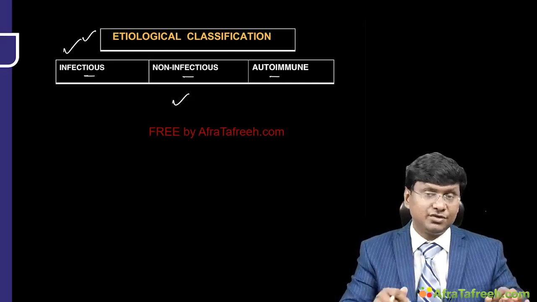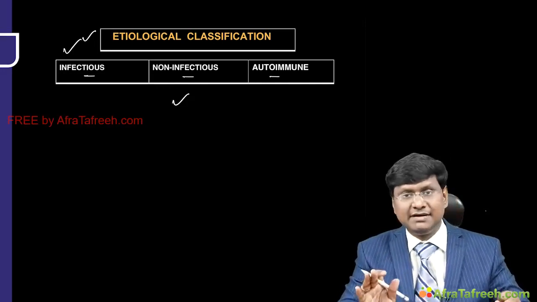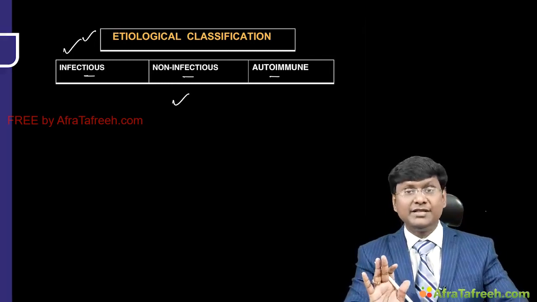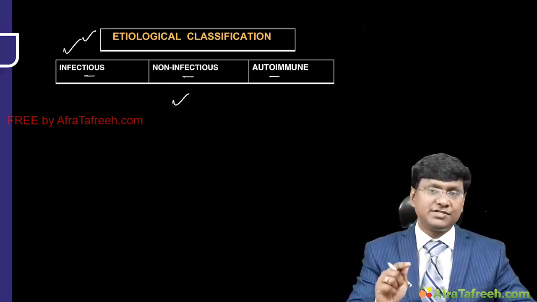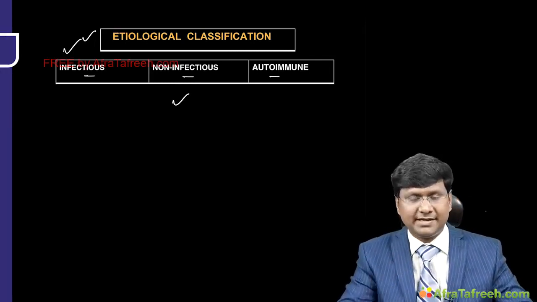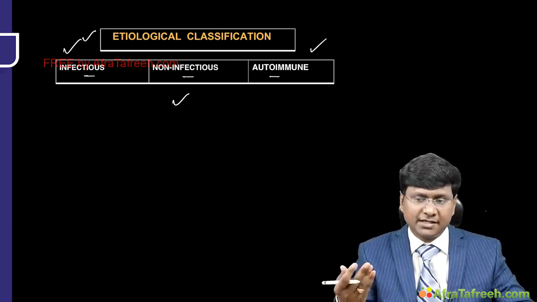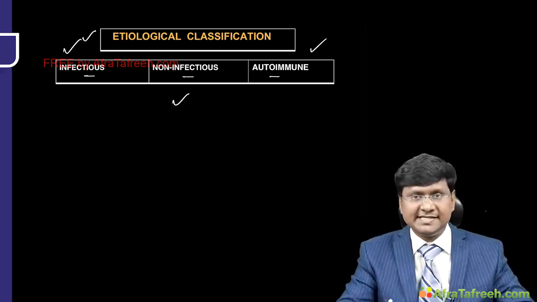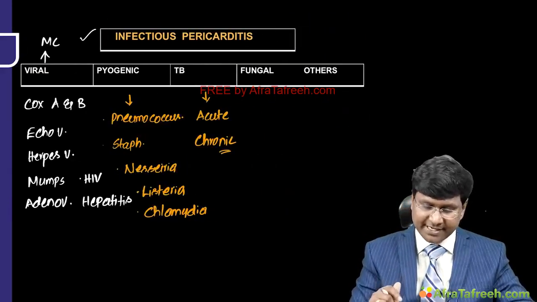Apart from that, you have rheumatic fever as well, which can also induce pericarditis. Remember, rheumatic fever is non-infectious, an inflammatory origin pericarditis. In the autoimmune category, we have rheumatoid arthritis where you have the anti-CCP. These are the etiologies causing pericarditis.